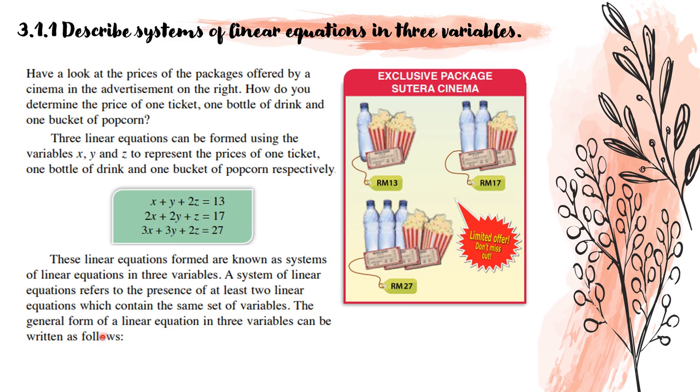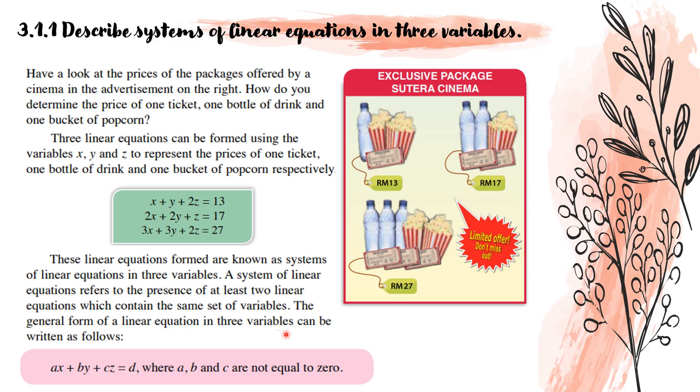The general form of a linear equation in 3 variables can be written as follows: ax plus by plus cz is equal to d, where a, b and c are not equal to 0. Okay, if a is 0 means x is 0, so here we will only be left with by plus cz. So 2 variables here. That's why a, b and c cannot be 0.